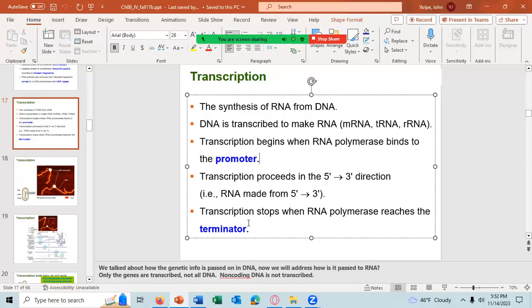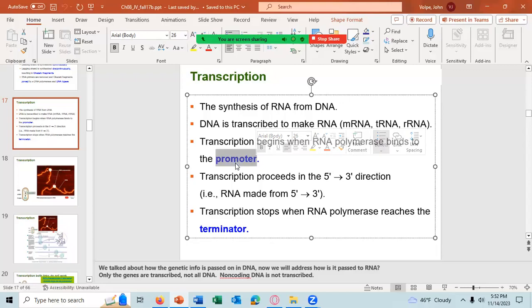And the terminator codes for the RNA polymerase to fall off. So transcription stops when the RNA polymerase reaches the terminator. So before a gene, we have a region of DNA we call the promoter, and that's where the RNA polymerase binds to the DNA.